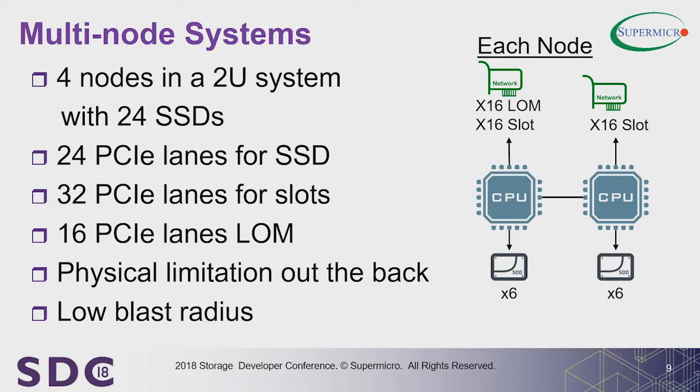So you've got to worry about the physics of that, and that's a problem that Supermicro solved in a really, really cool way. But the great advantage of this is that low blast radius, because now I'm not going to be so impacted. So, rather balanced, and then we're going to come back to this one in a minute, because there's a cool thing you can do with this multi-node and another system we were looking at.